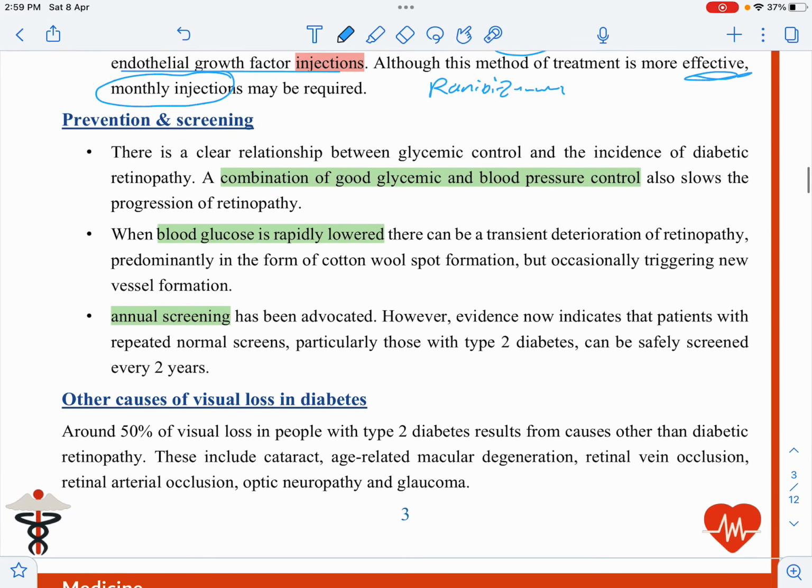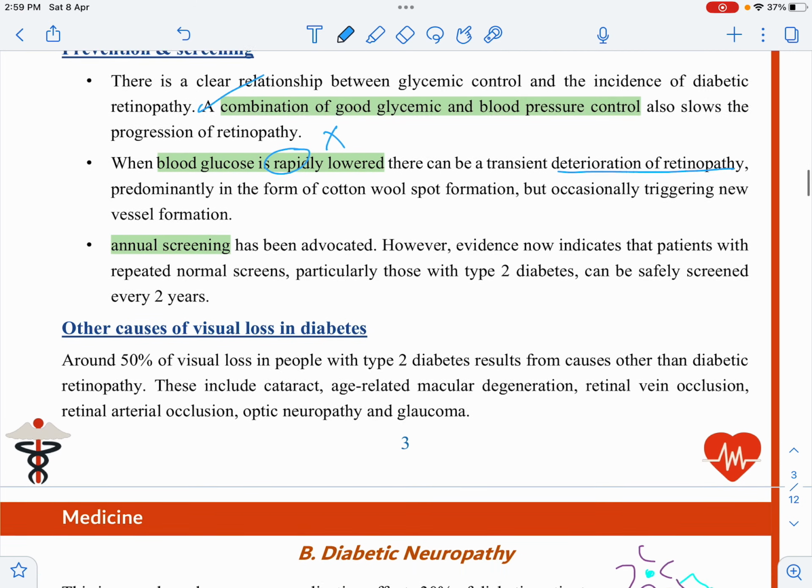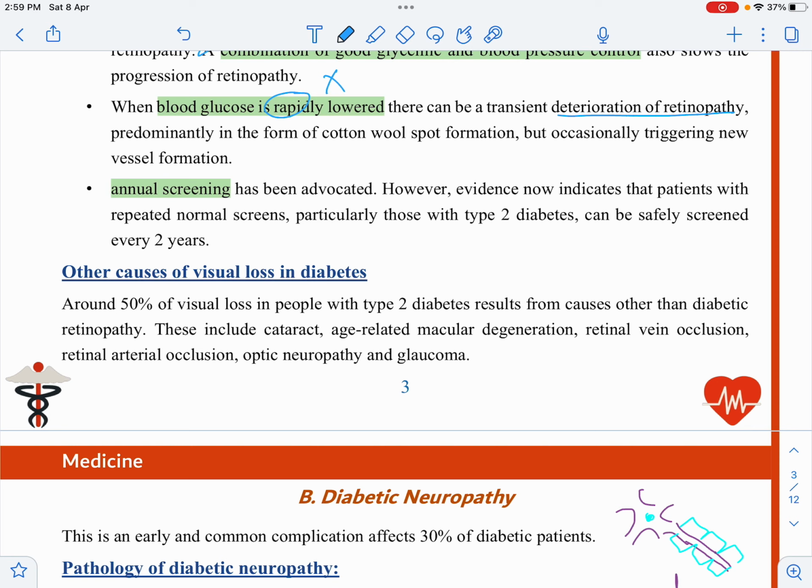بالنسبة للprevention, as you know, the prevention is more important than treatment. فالprevention عن طريق إنه نحسن الجلوكوز level and blood pressure level، عن طريق إنه نمنع rapid lowering of glucose, لأن هذا يؤدينا إلى deterioration of the retinopathy. وعن طريق annual screening of the يعني retina by fundoscope or angiography, retinal angiography.